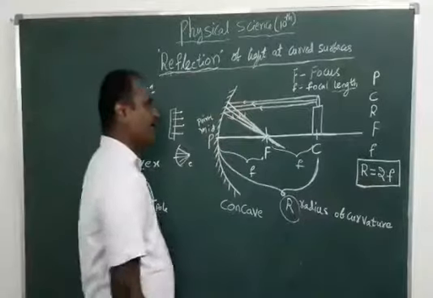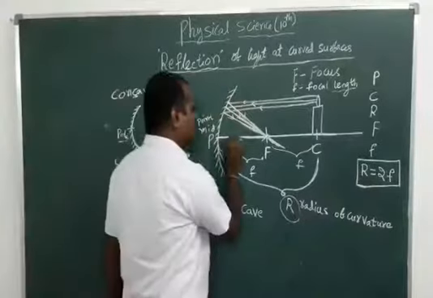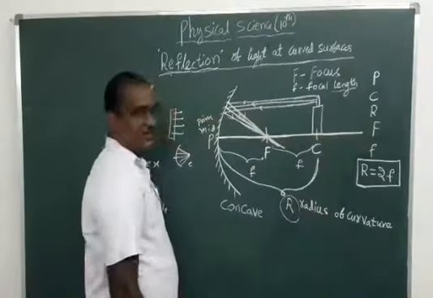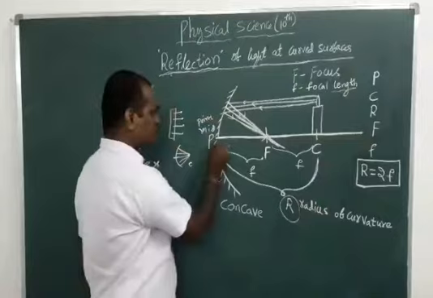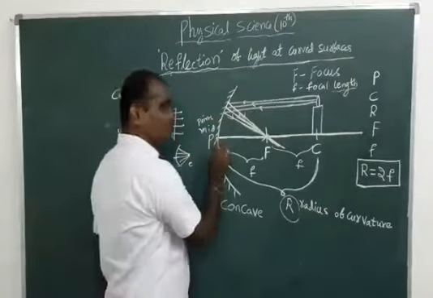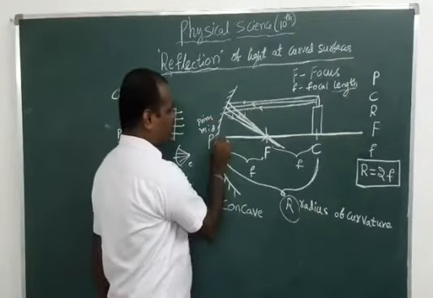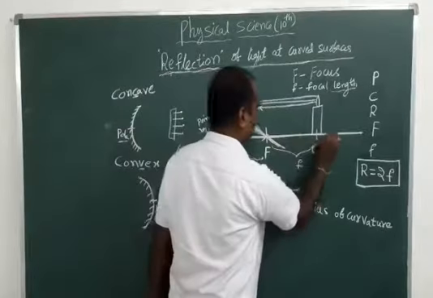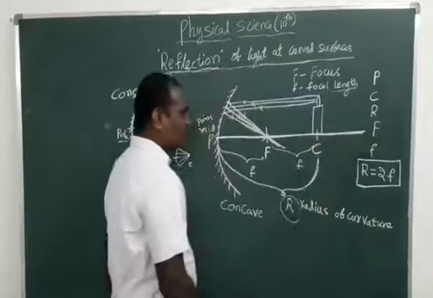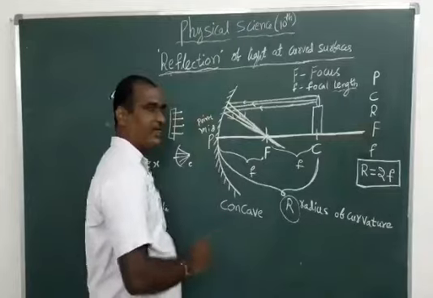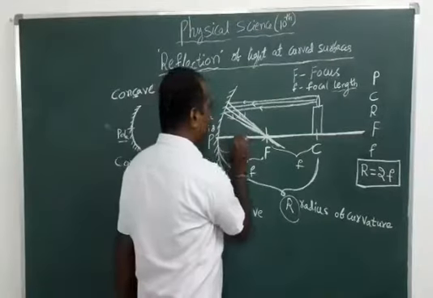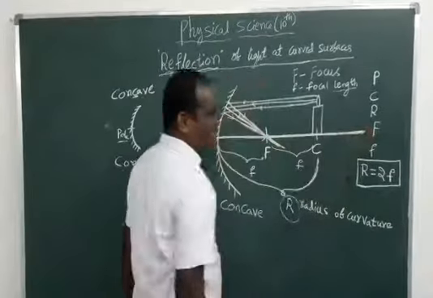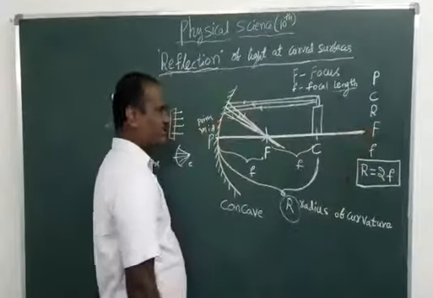Another point, principal axis. What is the definition of principal axis? The line which passes from the pole and through the focus and center of curvature.